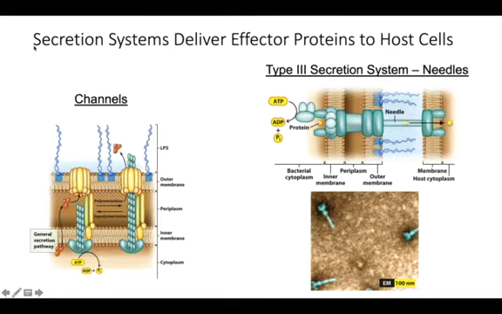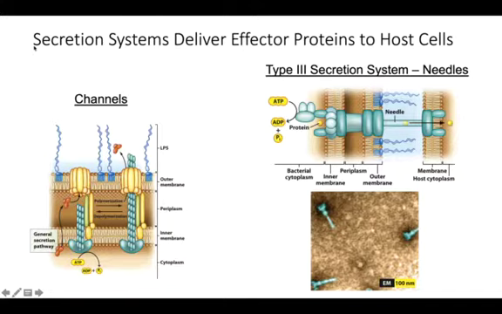Then we have also secretion systems. So you've got these toxins or these virulence factors that are being made by the bacteria. How do they get into the host cell? So one of the ways they can is by channels. So the bacterial cell will have pretty much channels, protein channels, in which that virulence factor will be released and taken up by the host cell.